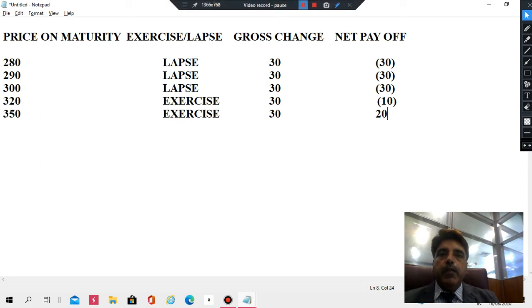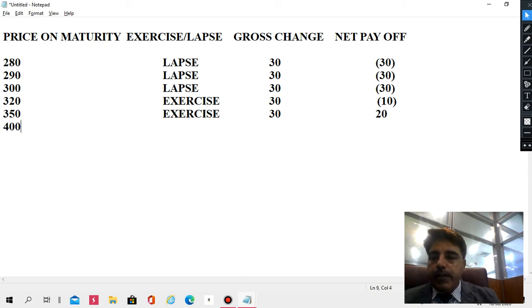Okay, so let us take a look. For an example, if it reaches 400, then what will happen? Will he exercise or will he lapse the contract? He will exercise the contract. 30 rupees is fixed in the form of the premium. So what is he going to have at the end of the contract?